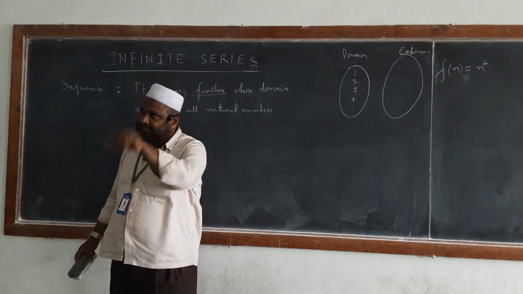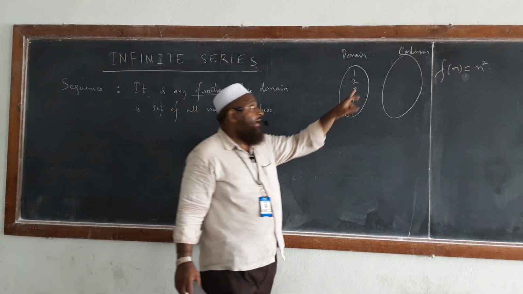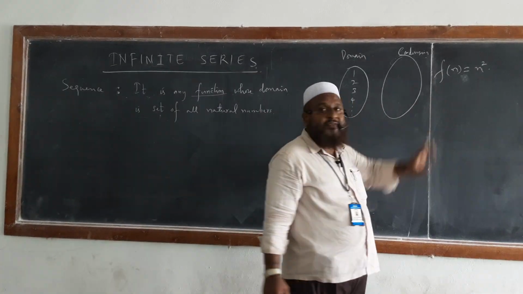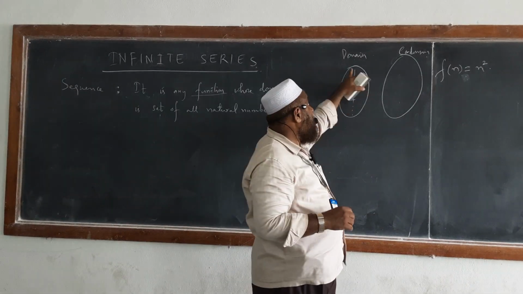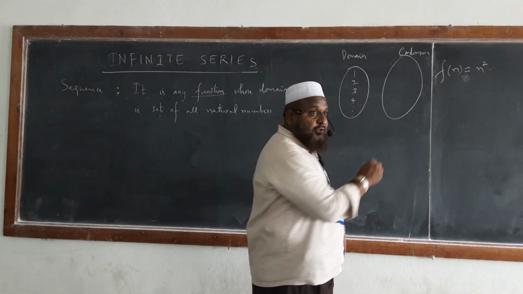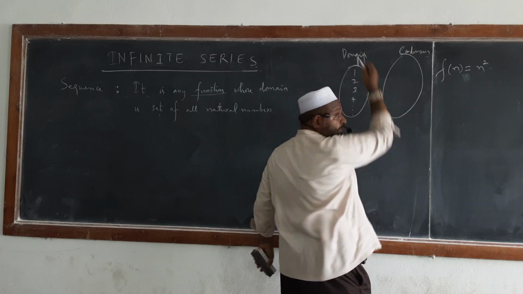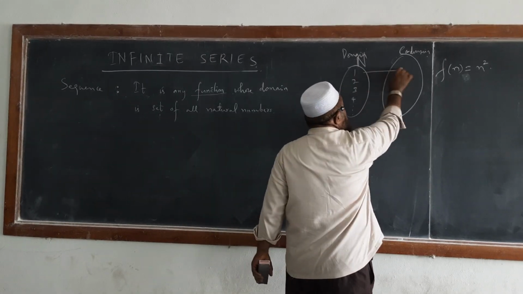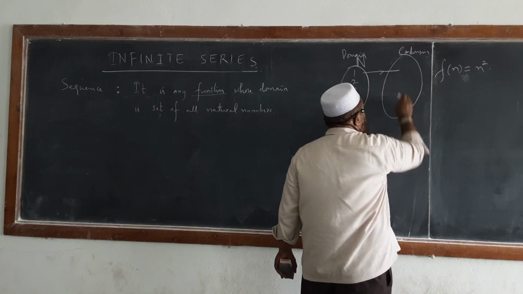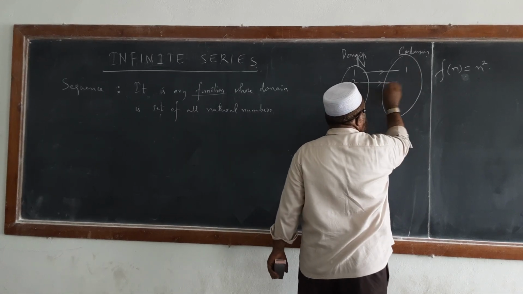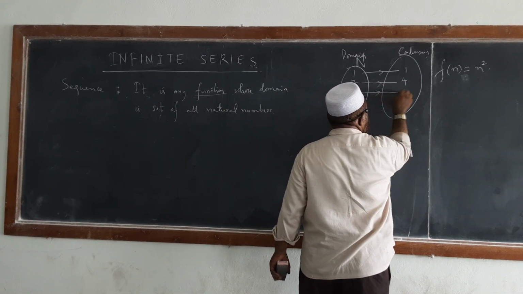So instead of taking x, I am taking it as n. What are the values of n it will take? Natural numbers 1, 2, 3, 4, and so on. What is the image of 1 as per this rule? 1 square, that is 1. 2 square, that is 4. 3 square, that is 9.